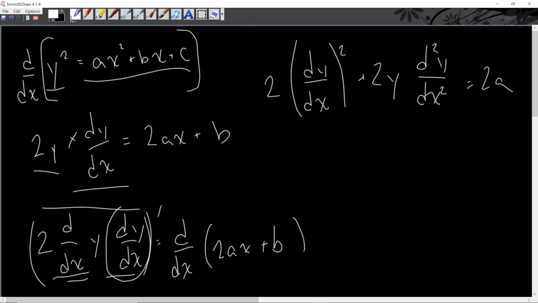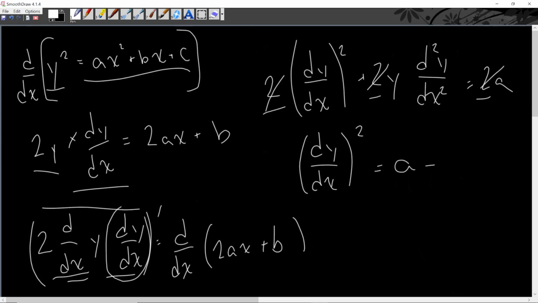Then from here, you could just cancel out all these 2's. You're stuck with dy dx squared is equal to a minus y d squared y dx squared equals a minus, well, actually, we're not going to solve for dy dx squared.